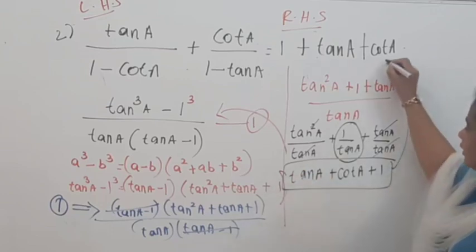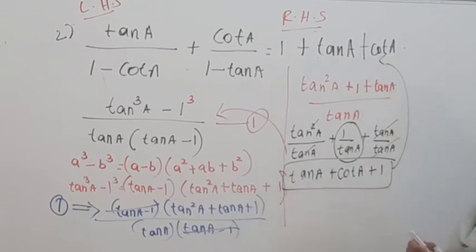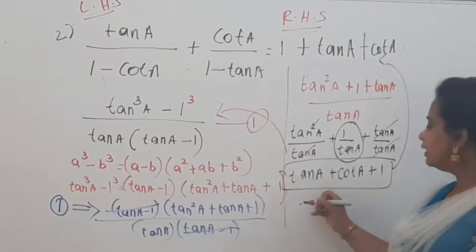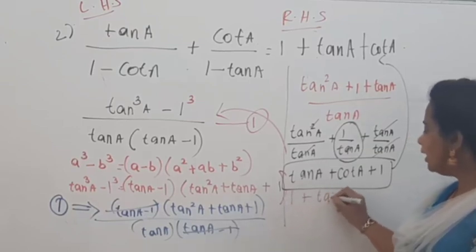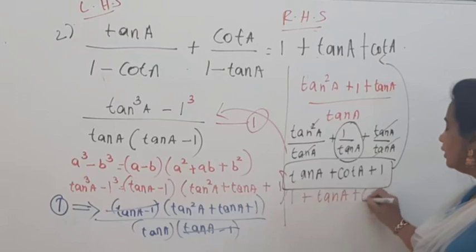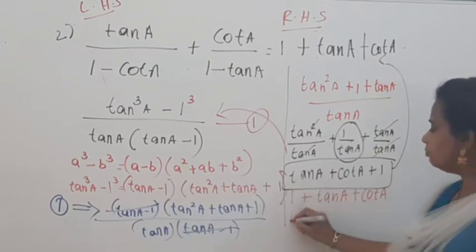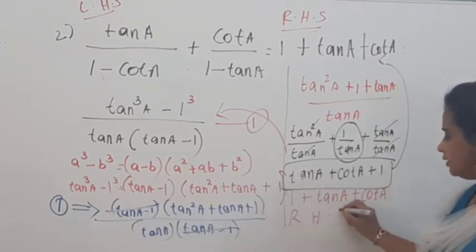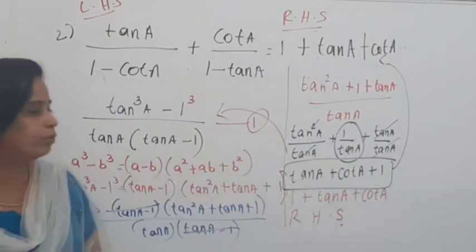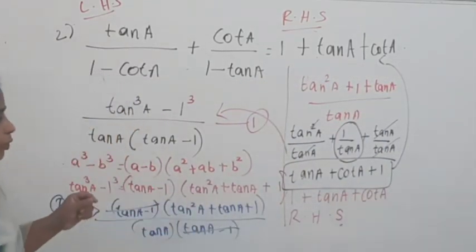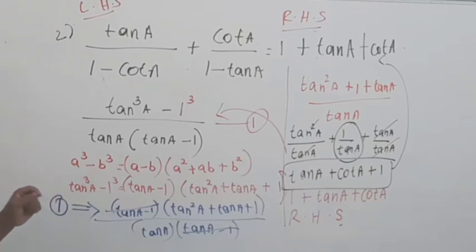You can see here the same thing, just the order is reversed. So I can have 1 plus tan a plus cot a, which is nothing but my RHS. So this is one of the important questions for the board paper. So I proved 1 plus tan A plus cot A.